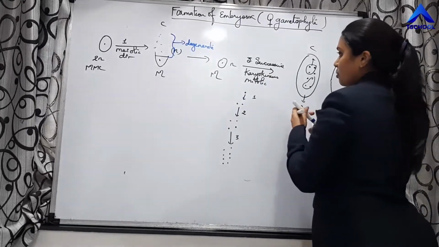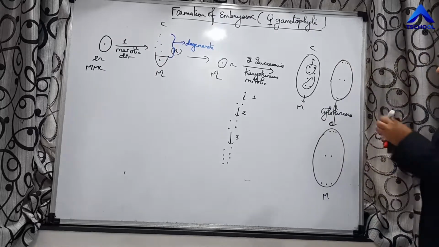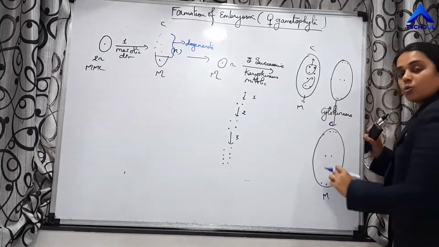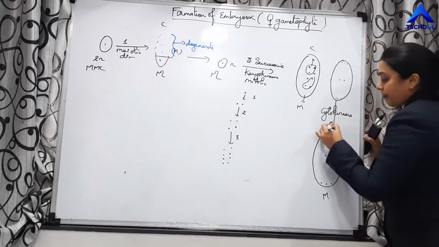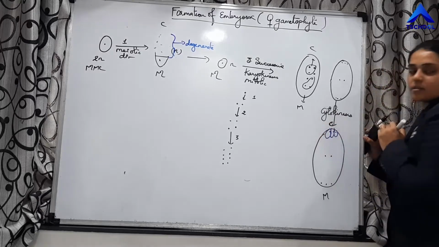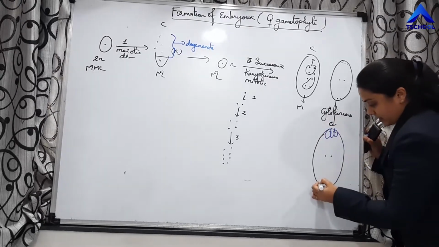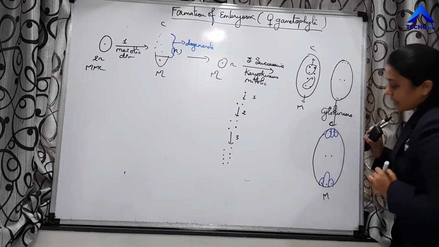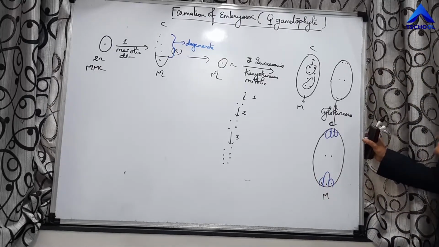Now there will be cytokinesis, but cytokinesis will occur only towards the chalazal end and the micropyle end. So there is formation of cell wall and plasma membrane. Similarly at the micropyle end also there will be formation of cell wall.